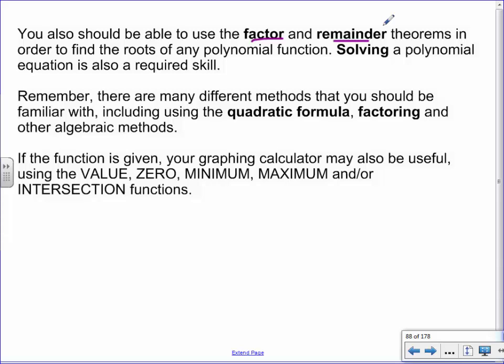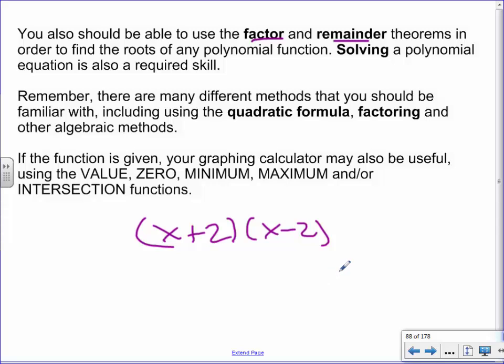Now the remainder theorem on its own is not all that exciting, but if the remainder is 0, well now you found yourself a factor. So hopefully these two things work together, and that should help you find the roots of a polynomial function. You do need to know how to solve as well. Solving would be like, let's say, if I gave you x plus 2, x minus 2, this would have just been factored.